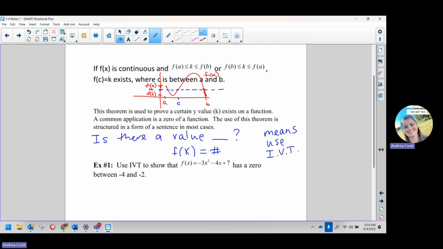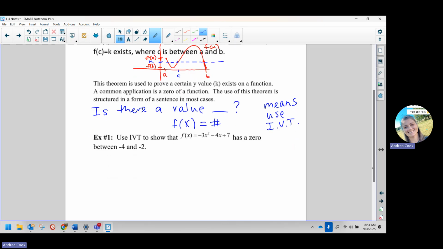That's why we don't memorize, we understand what's going on. Because if you understand, then you're gonna be able to apply it. All right, so usually it won't say use IVT. But our examples do. To show that this function has a zero between f of -4 and f of -2. So I'm going to show you how you're going to set these problems up.